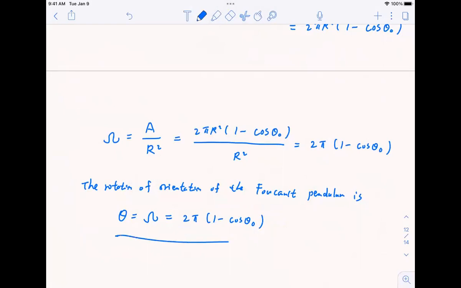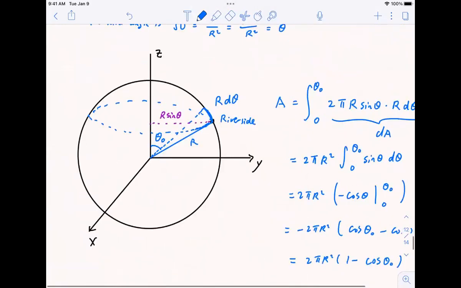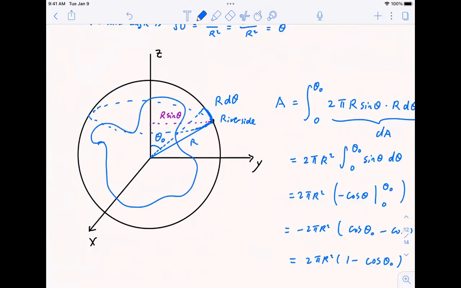Okay, so this is geometric phase, and you can generalize this. Basically, this path doesn't need to be circular. If you take a very irregular path, you get exactly the same thing. The rotation will be just the solid angle. You can make the path as irregular as you want, as long as it's a closed path.